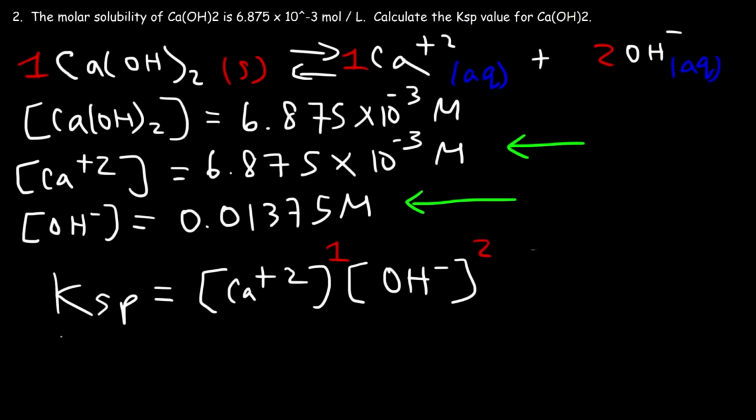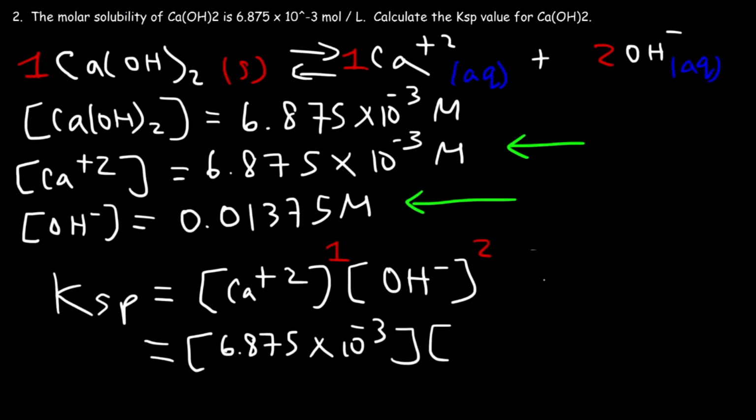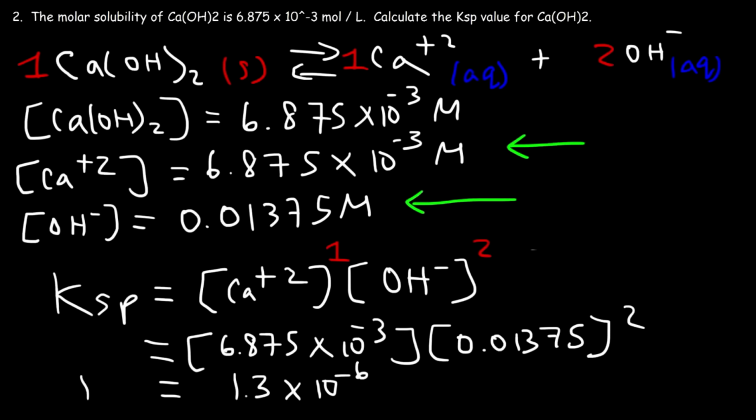So now we just got to plug in the numbers that we have. So the concentration for calcium is 6.875 times 10 to the minus 3. And for hydroxide, it's 0.01375. And we need to square it. And so this is equal to 1.3 times 10 to the negative 6. So that is the Ksp value for calcium hydroxide.